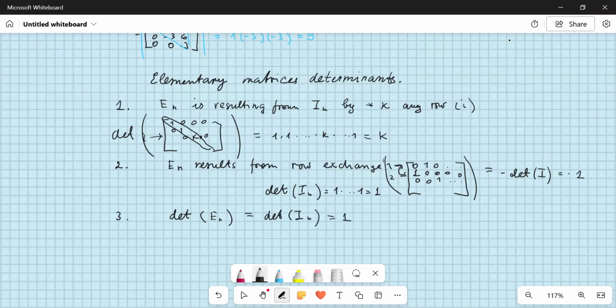So, we have three different determinants for elementary matrices. The first elementary matrix is going to have determinant equal to k. The second one, minus 1. And the third one, the determinant is equal to 1. Just going to remember it. We're going to use it sometime in the future.